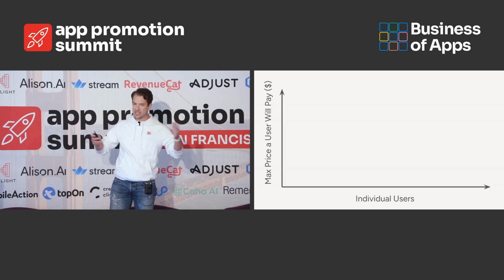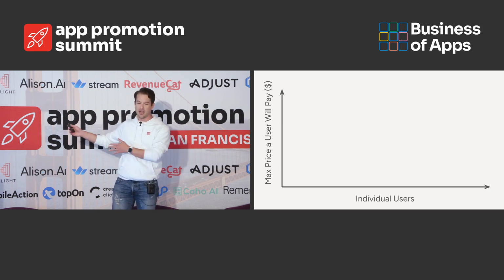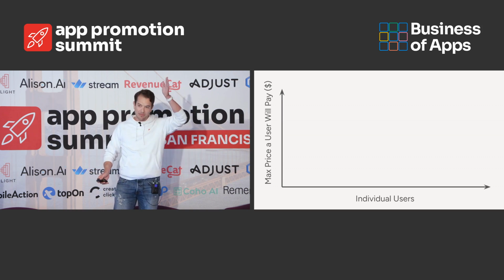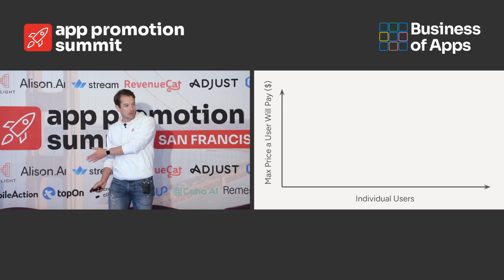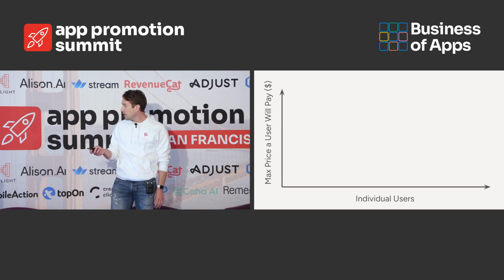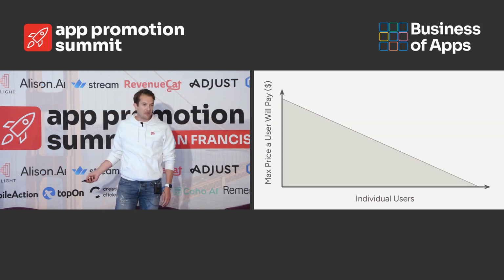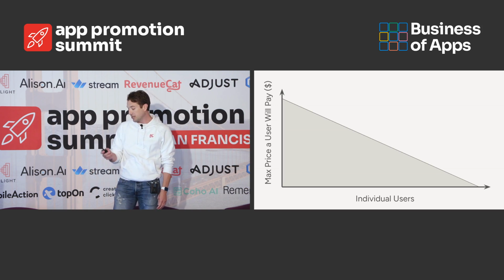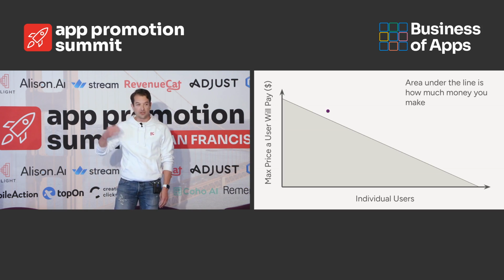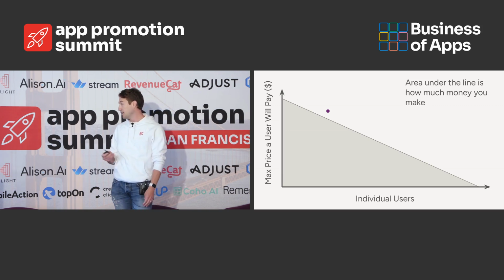Now pretend we're putting these users in order from left to right, from the maximum willing to pay to the users who are not really willing to pay you very much at all. Then let's draw this line: these are all the potential prices down to 0. The area under the curve is how much money you could make, right?